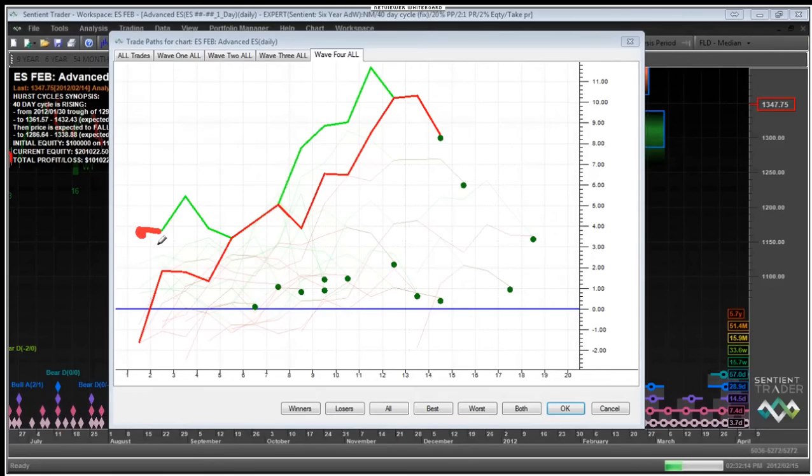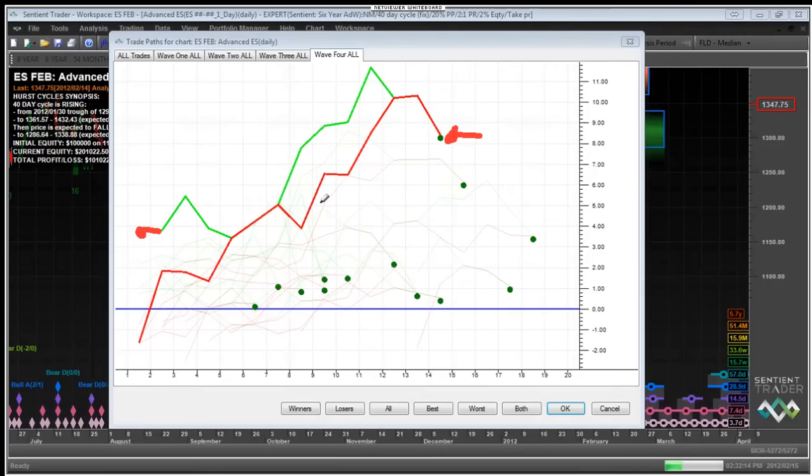So, for each bar, the green line represents the most profitable equity level for that particular bar, and the red line is the worst losing levels.